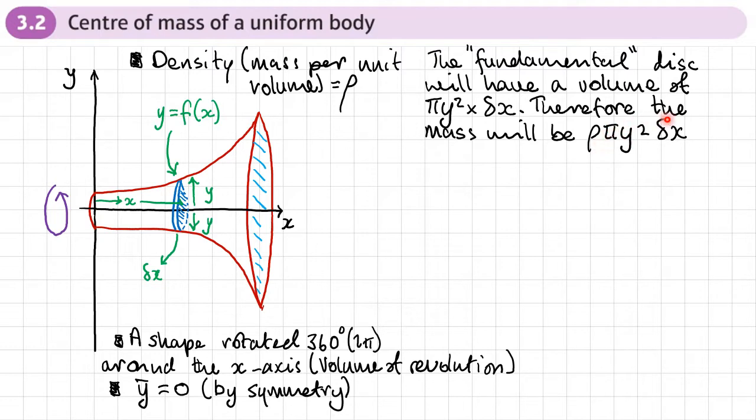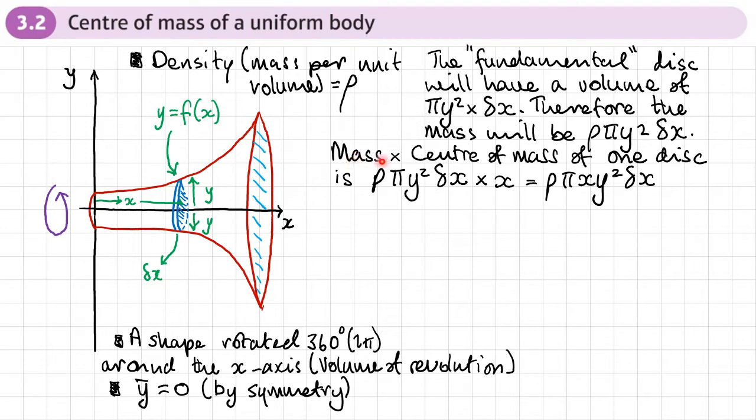So it's volume pi y squared delta x times its density, which is represented by rho. From there, we have the mass times the center of mass of one of these discs is rho pi y squared delta x times x, because x is where the center of mass of that disc is. So we can use symmetry for that. And I'll just rewrite it as rho pi x y squared delta x.